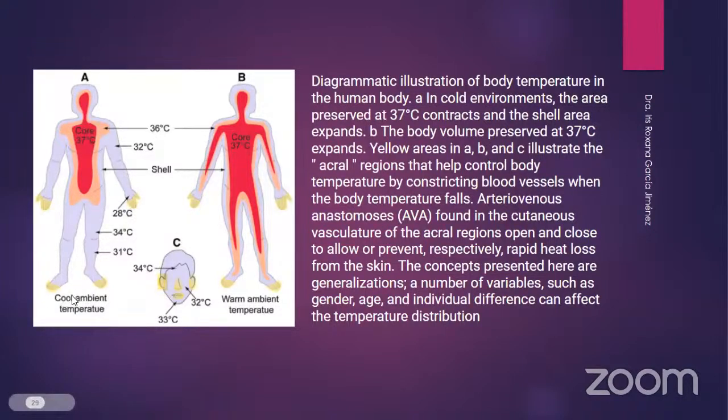In a cool ambient temperature, we get all of these differences. Or in a warm ambient temperature, you know it's different. The core 37, 36, 32 in arms, in shell, okay, 28 in hands, 34 and 31 in legs. Just as extra information for practicing, for catching the meaning, how it works, okay?